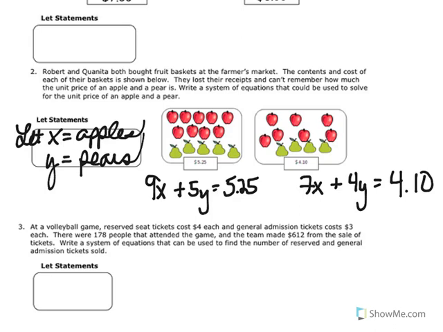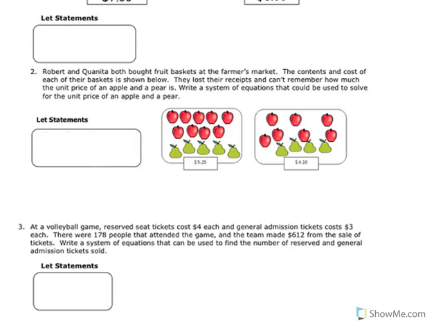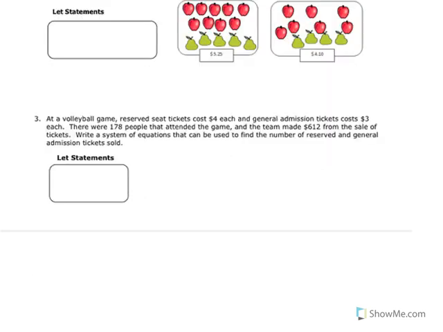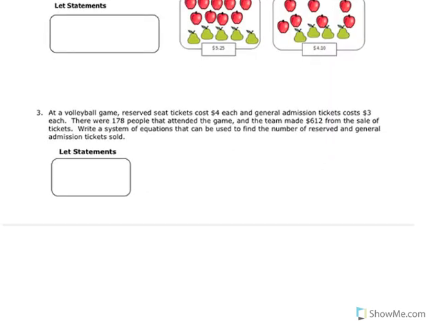So I want you to try the next one yourself. See if you can read the question and write let statements and set up two equations that we could use to solve. So give it a try, hit pause, and then I'll come back and show you. So on this one, we had a volleyball game with reserve seat tickets and general admission.